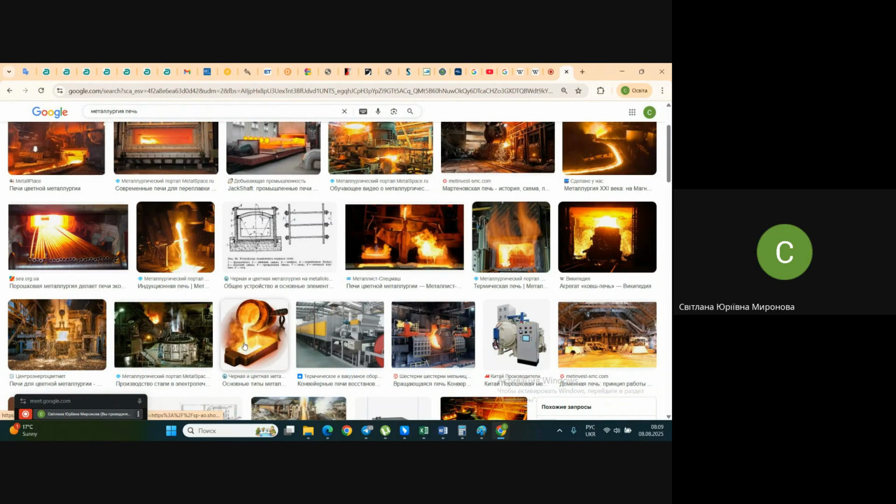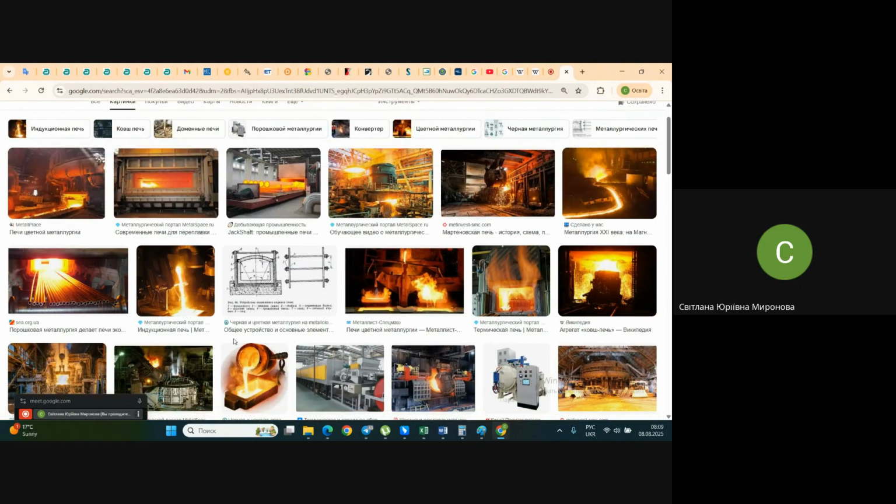Huge furnace, maybe not so huge, maybe something like a converter. And after this furnace, they have liquid metal or liquid plastic or liquid whatsoever. So the first group we will talk about is casting.